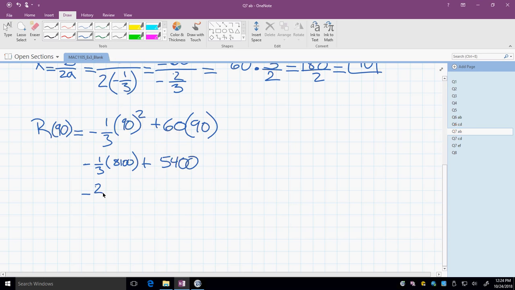I have a negative 2700 after I divide 8100 by 3, plus 5400. Different signs, subtract, keep the sign of the largest number, which is positive, and that is going to give me 2700.